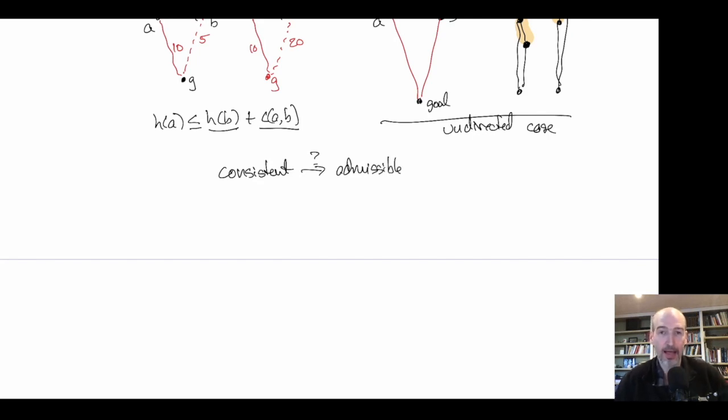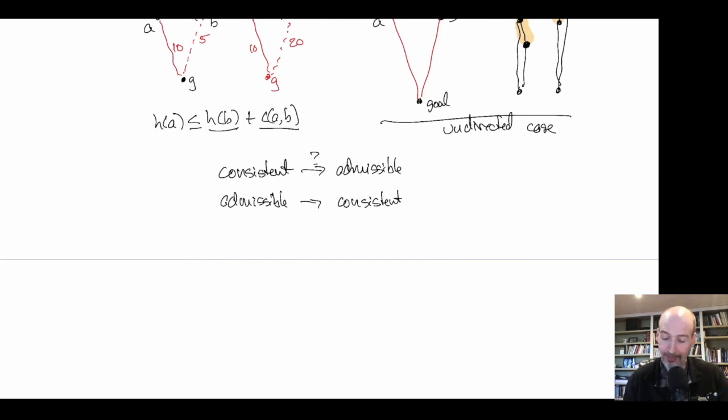This is something worthwhile to think about. You could pause the lecture and think about that for a second. And the other question we'd want to ask is: if a heuristic is admissible, does this imply that it's consistent? Okay, and when we look at this, we can answer both of these questions.